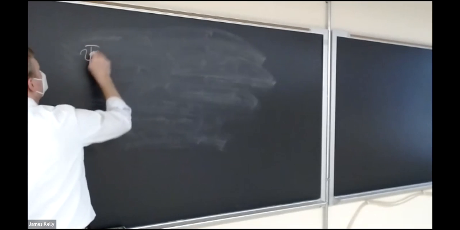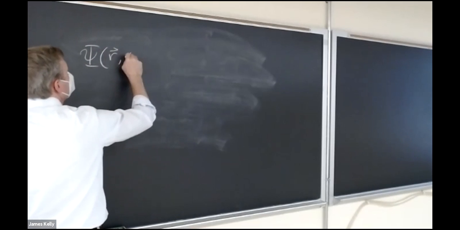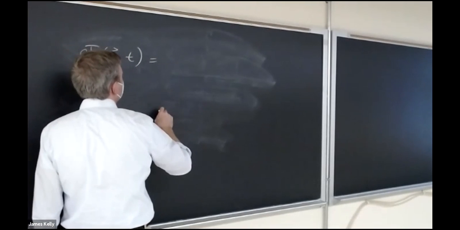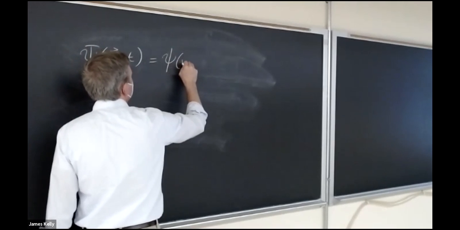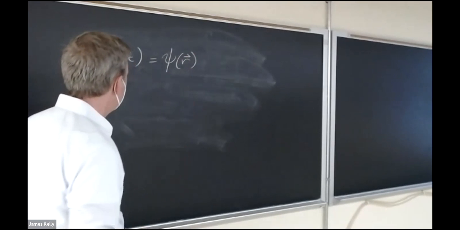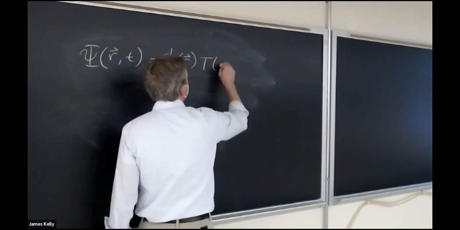But we're going to write our psi of position variables and time. We're going to hope that we can separate it out into something that is just a function of the position variables, x, y, and z if we're in Cartesian coordinates, times a function of only time.